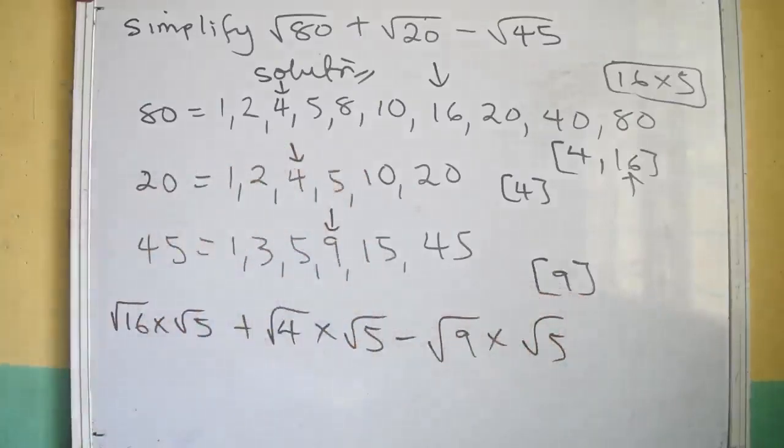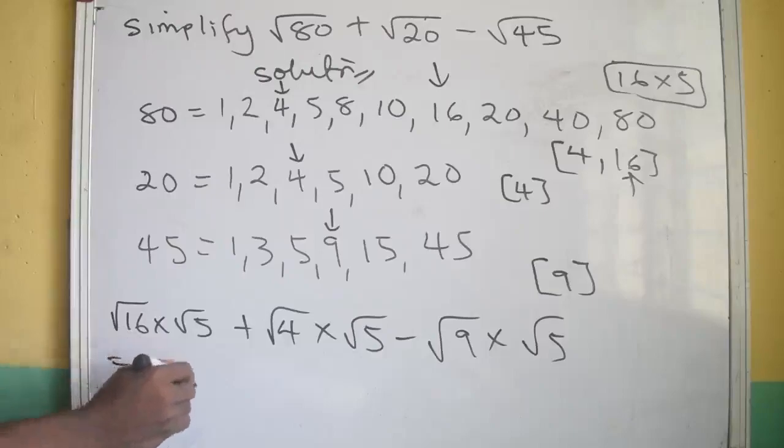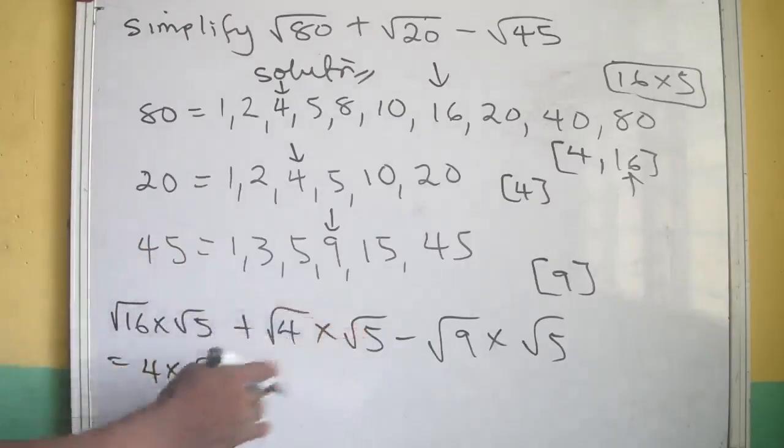So in this regard, you know that 16 is a perfect square, so root 16 is 4 multiplied by root of 5. This one, there is no need to take it because it's a non-perfect square, so leave non-perfect squares in their various forms.